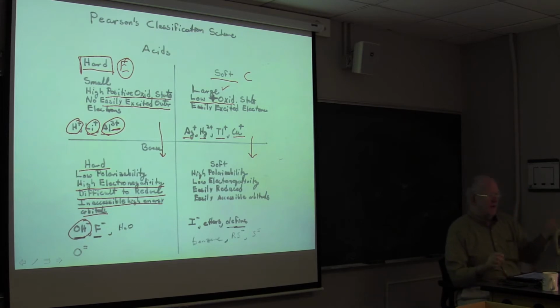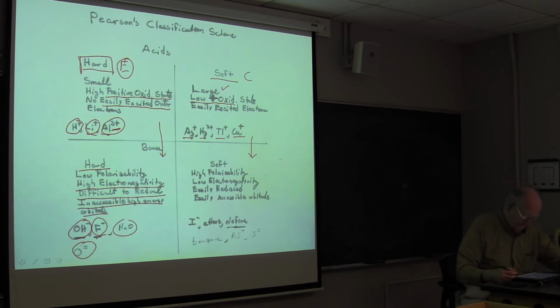And what reacts best with hydrogen ions? I'm sorry, what did I say? Hydroxide ion. What reacts best? In water. It's the strongest possible base in water, right? But things like fluoride, water, and oxide ion are also very, very hard Lewis bases. And obviously, you put oxide ion in water, it immediately reacts with the water, and you get hydroxide ion.